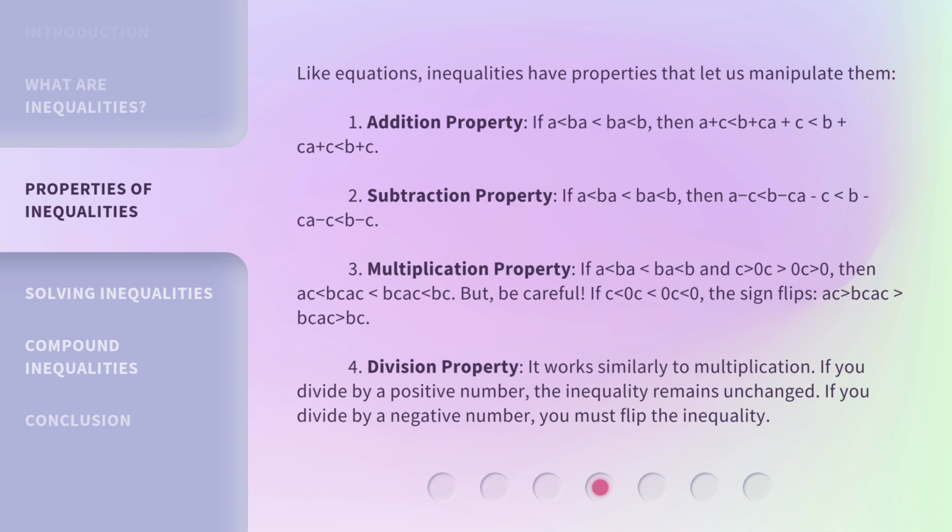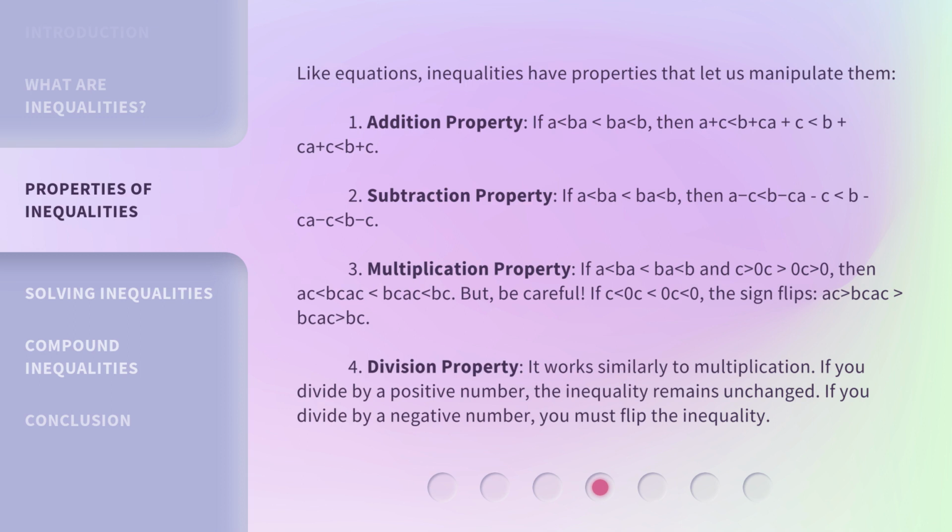3. Multiplication property. If a < b and c > 0, then ac < bc. But be careful.